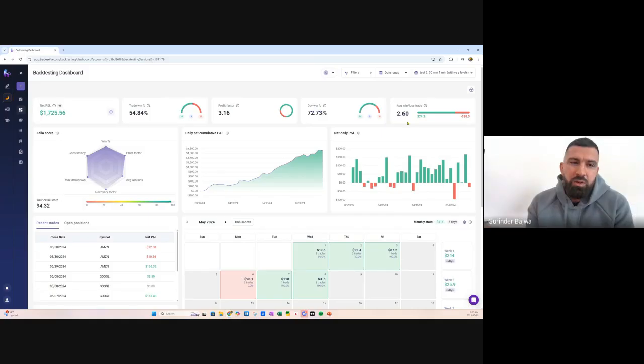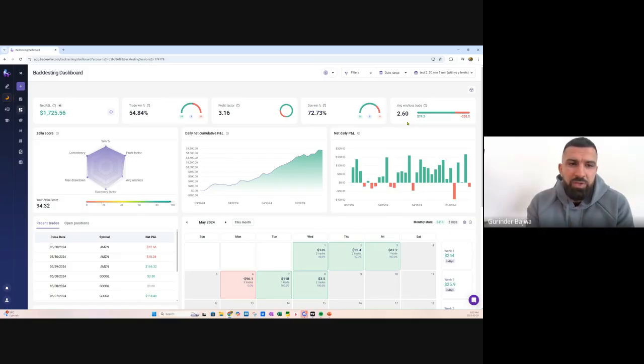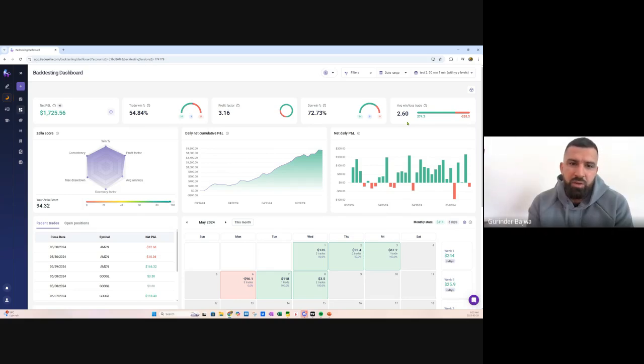I use TradingView for my live trading, right? Because TradingView copies my live trades into that. And I never use TradingView for my backtesting. I take screenshots of all my replays, but I don't have access to this data.